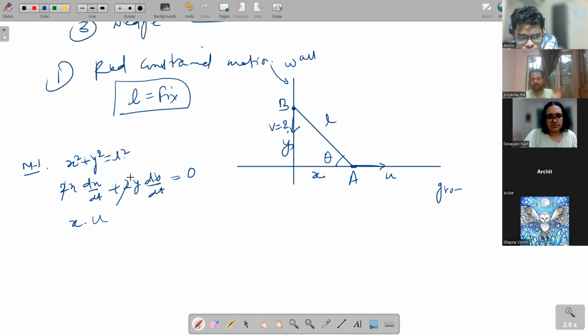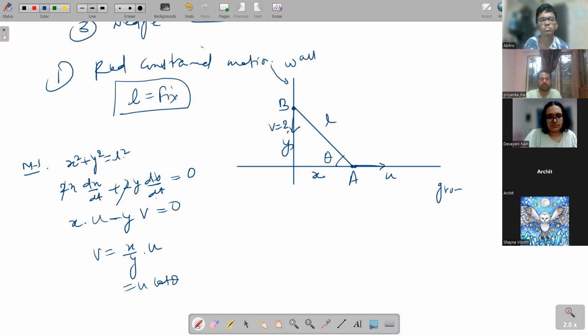And x is increasing because this is moving right, so this is positive and equals u. dy by dt is the rate of change of y. y keeps on decreasing, so the rate of change of y will be negative. Let it be v. So v will be x by y into u, and x by y can be given as cot theta. So the velocity will be u cot theta.